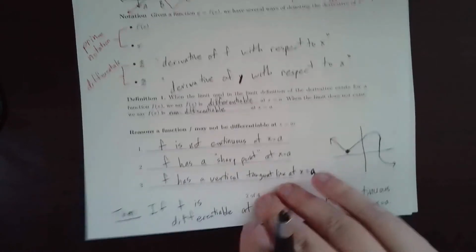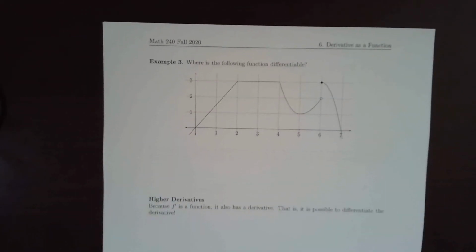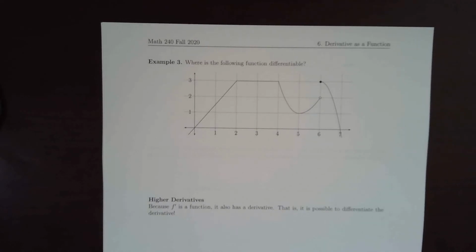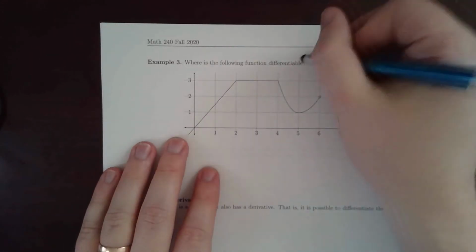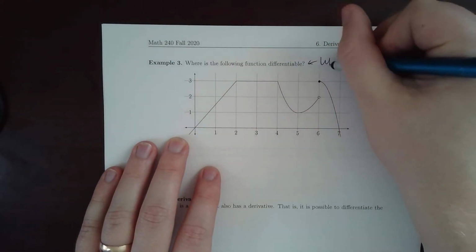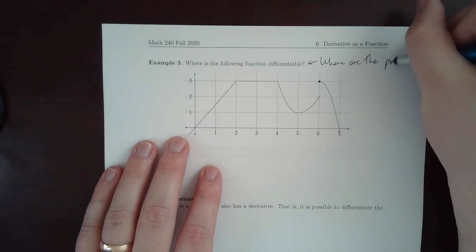Alright, so then let's figure out, based on the graph of this function, where we're going to have issues. We want to know where this function is differentiable. So really, instead of asking where it's differentiable, we're asking where are the problems?